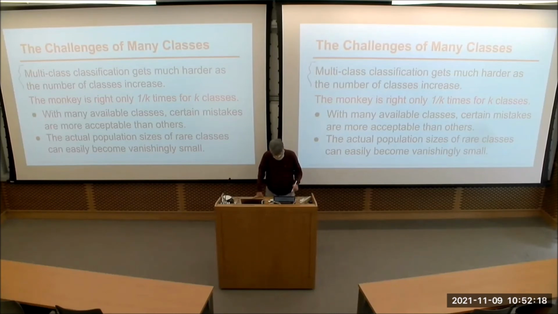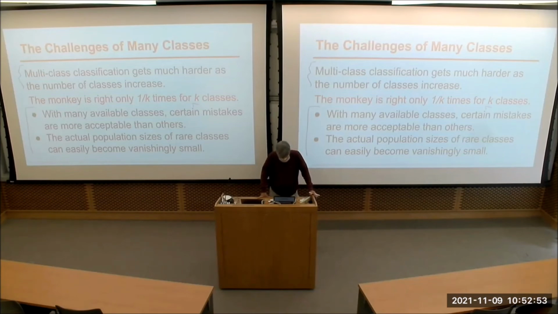As we said before, if you've got K classes and you're just going to guess, the probability of getting it right that the monkey would have is only 1 out of K. In binary classification, the monkey will get it right half the time. If you have 1,000 classes, the monkey will get it right only 1 out of 1,000 times. Okay? So how do we do better on the very, very hard case when we have large numbers of classes?